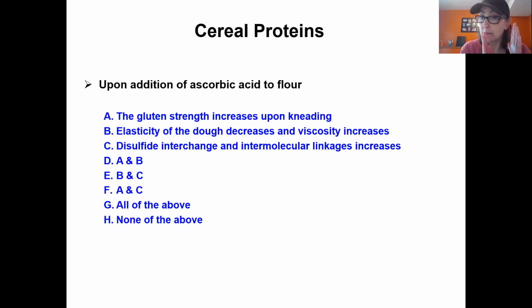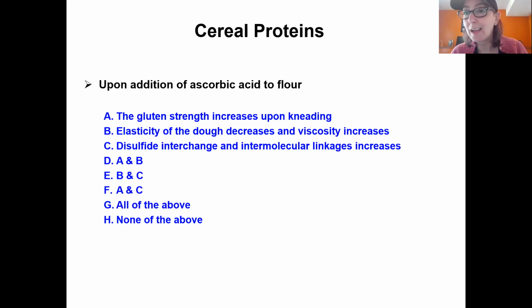So it oxidizes the sulfhydryls into disulfide bonds, and it increases the strength of gluten over the dough. So then we have enhanced elasticity. So B is incorrect. Elasticity of the dough increases and viscosity decreases in the presence of ascorbic acid. And disulfide interchange and intermolecular linkages are enhanced in the presence of ascorbic acid.